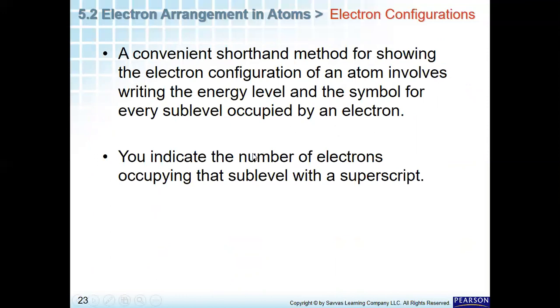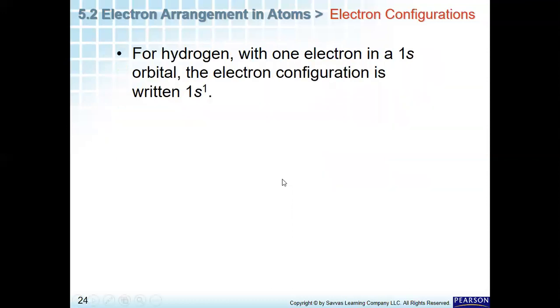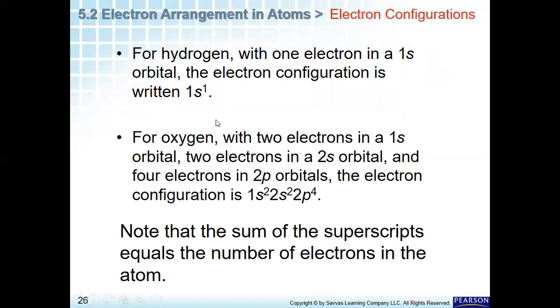So you indicate the number of electrons occupying that sublevel with the superscript. For hydrogen with 1 electron in a 1s orbital, the electron configuration will be written as 1s1, so the superscript will be the number of electrons here.